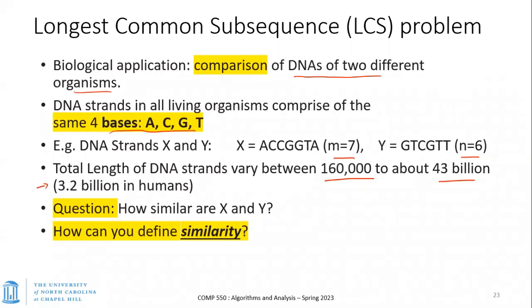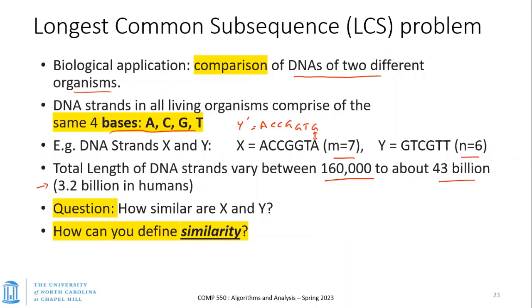For example, if Y were A, C, C, G, G, T, G, with only one difference, let's call it Y prime, then you would certainly say that X and Y prime are very similar, as compared to X and Y, which differ quite a bit. Can you come up with your own definition of similarity?